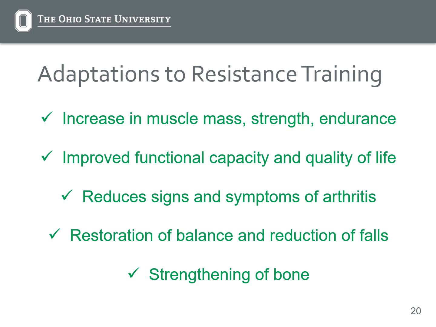But over the progression of your exercise program, that pain should reduce. The more movement, the more mobility they have, the more exercises they're doing, there's significant reductions in pain symptoms of arthritis itself. So it's kind of getting over that hump. Adaptations to resistance training: restoration of balance and reduction of falls, again, huge, huge, huge.